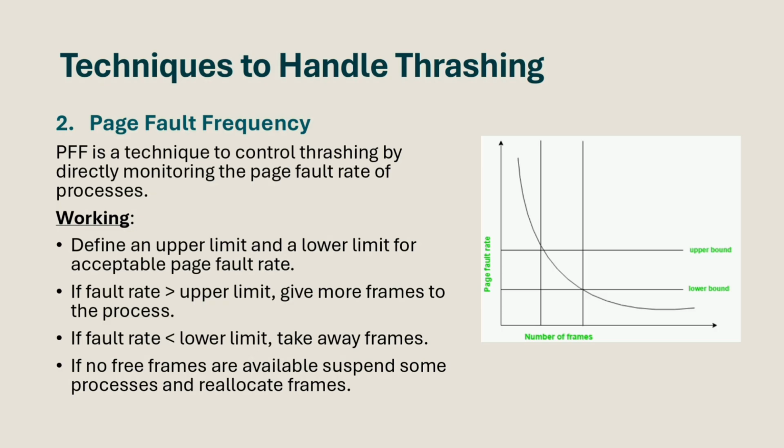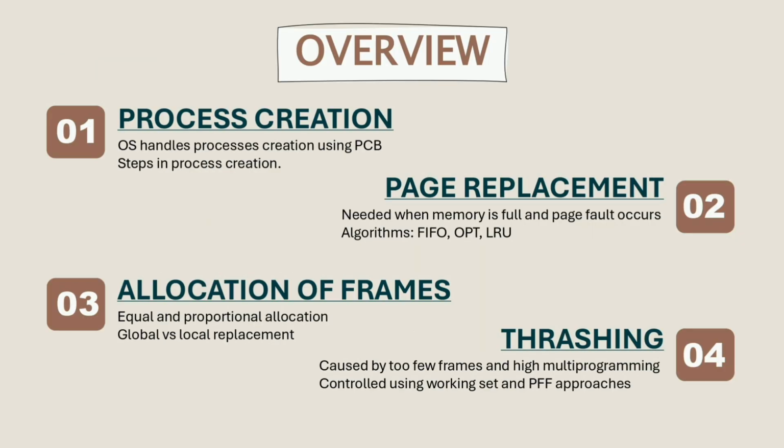Now let's move on. Here is an overview of all the topics that I have discussed. The first one is process creation. Here we discussed how the operating system handles processes, and also the steps in process creation. The second topic was page replacement, and in this we discussed what page replacement is, how it works, and different algorithms in page replacement.